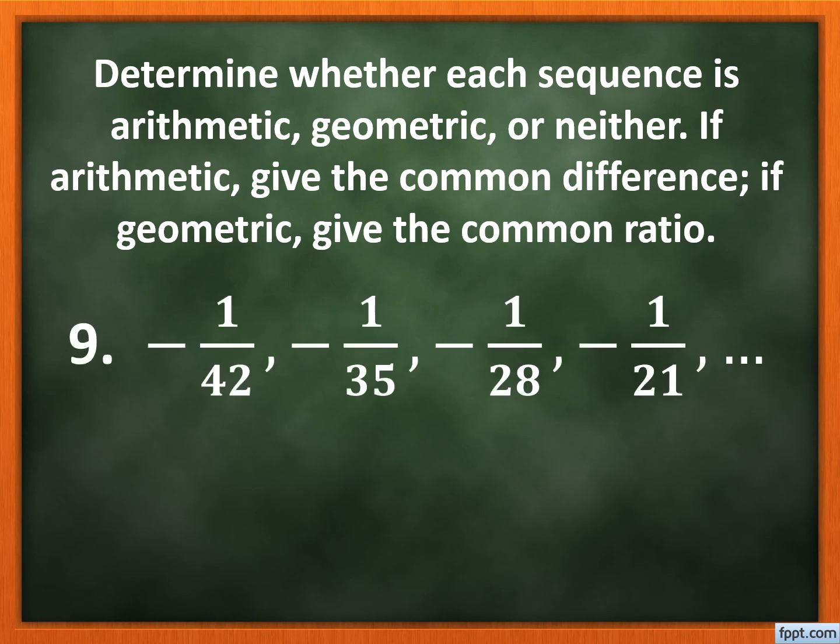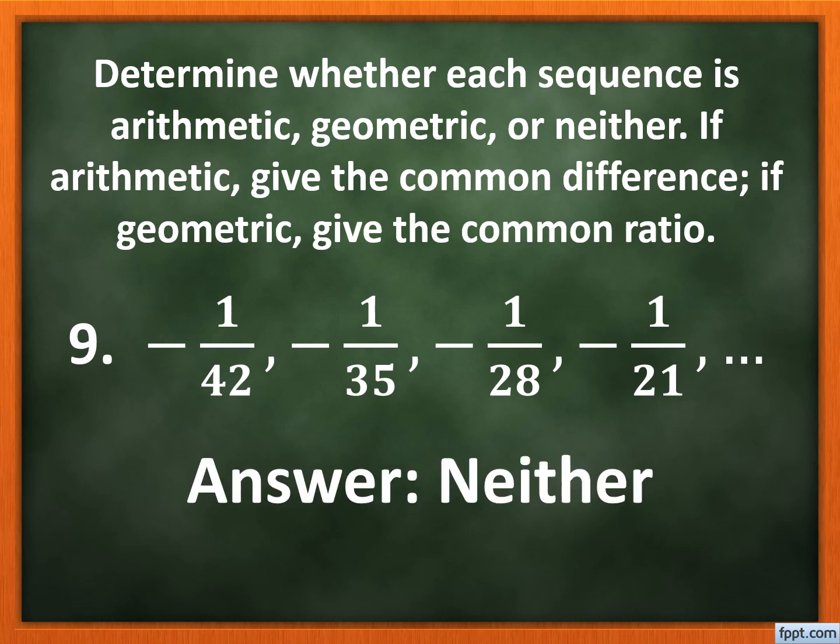For number 9, we have negative 1/42, negative 1/35, negative 1/28, negative 1/21, and so on. What type of sequence is this? The answer is neither. This sequence is neither arithmetic nor geometric sequence.